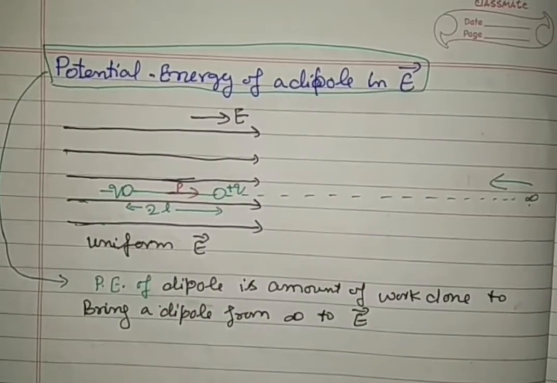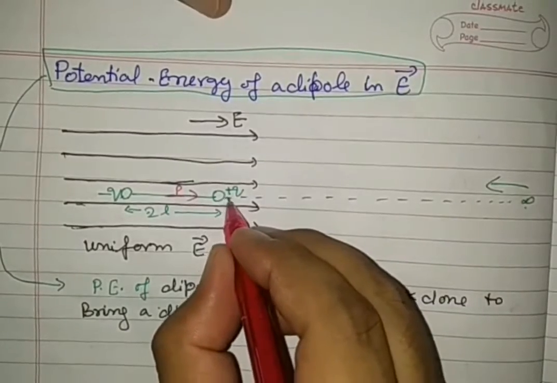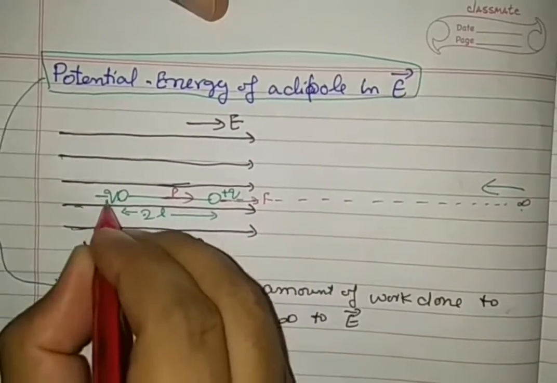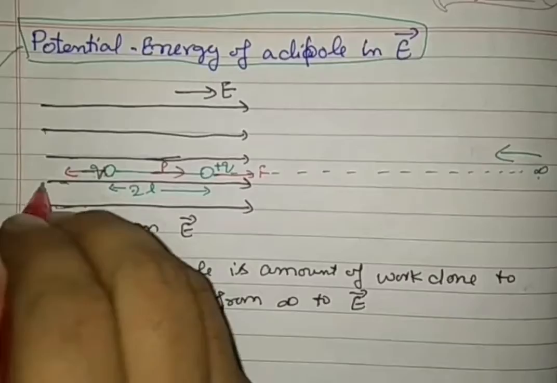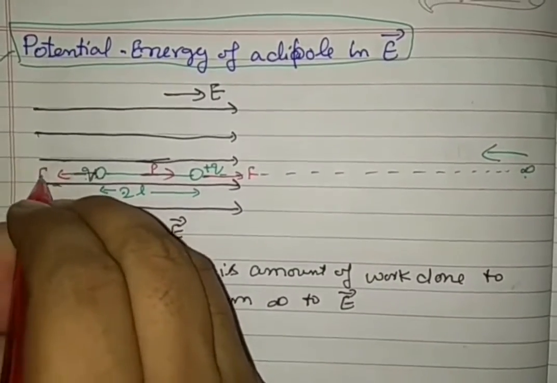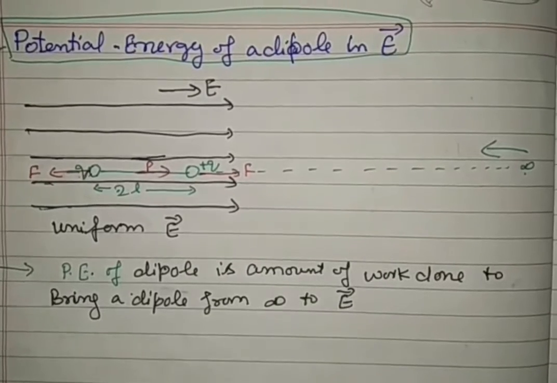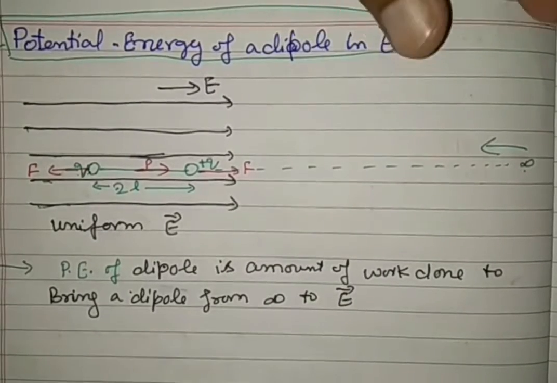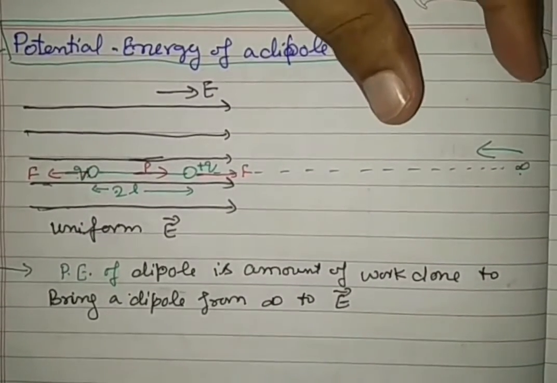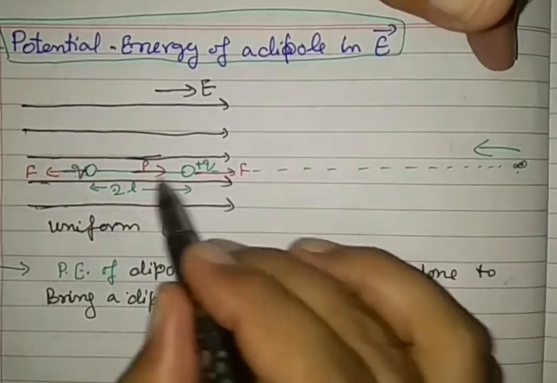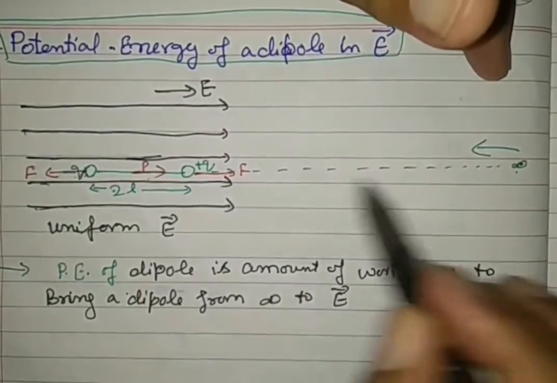And it is kept here, and two forces act, F here and another force here, a pair of forces, and the dipole moment. All the directions are mentioned. So what is the concept? Bringing a dipole from infinity to here requires work to be done.